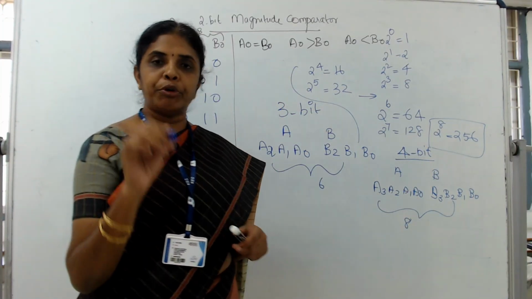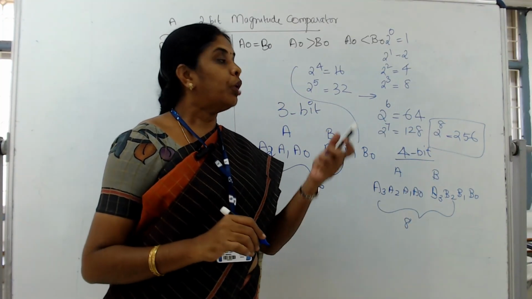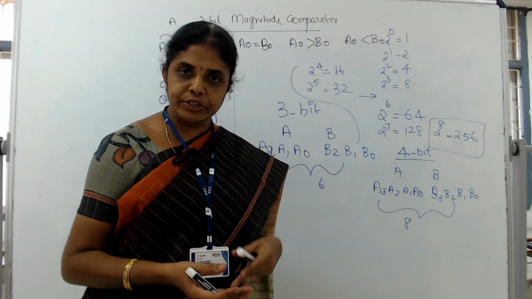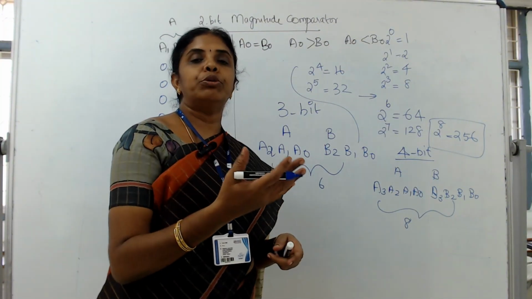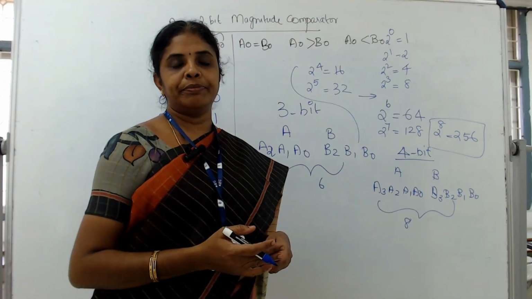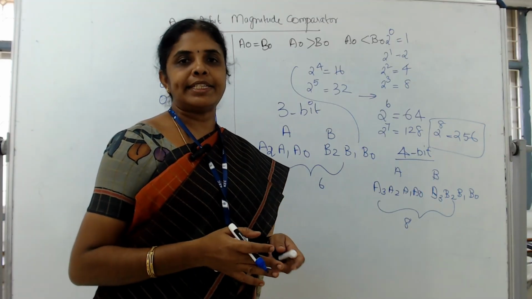So for a 4-bit magnitude comparator, you have to write all 256 combinations. Then you have to go for the output expression. So it's a very complex task.